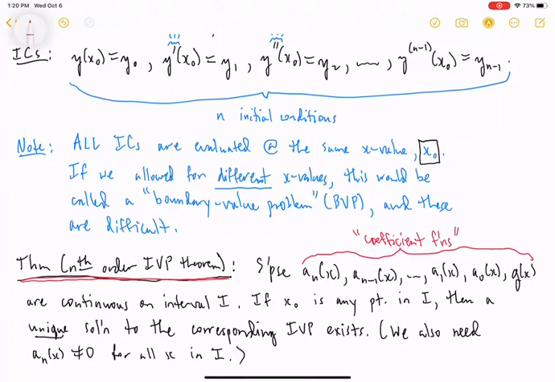No, that's wrong logic. Remember we did the example with the student scanning in or something like that. Just because these conditions are not met does not automatically mean that we aren't going to have a unique solution. But there's no longer any guarantees. You might have 0 solutions. You might have 2 solutions. You might have 70 solutions. You might have 1 solution, but there's no longer any guarantees.